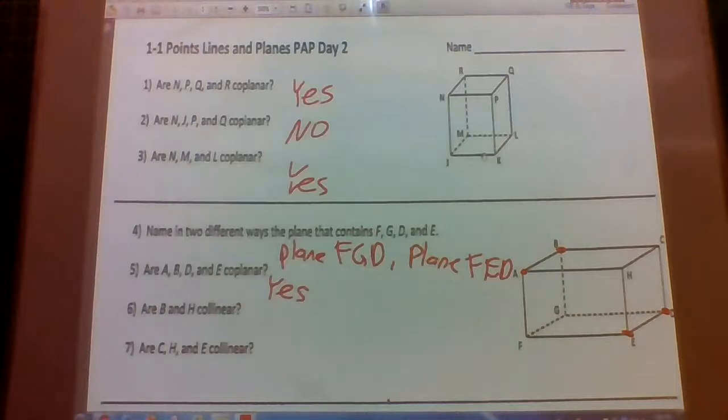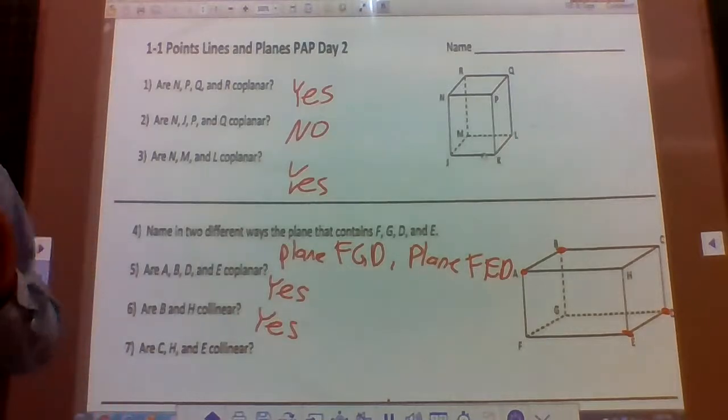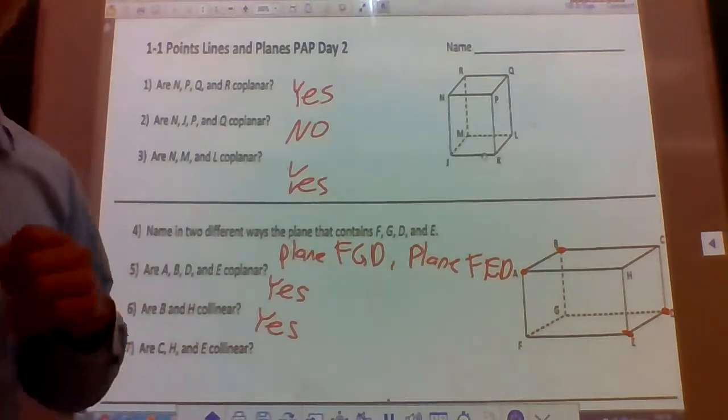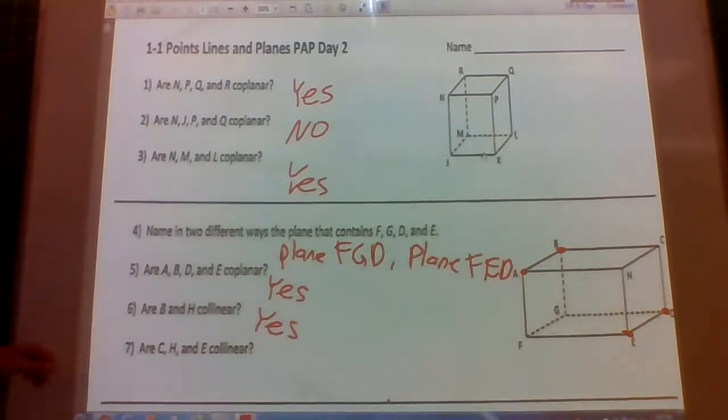Okay. Are B and H collinear? Any set of two points are collinear, so this is an automatic yes. For any two points, there is exactly one line that they can form. So two points are automatically going to be collinear.